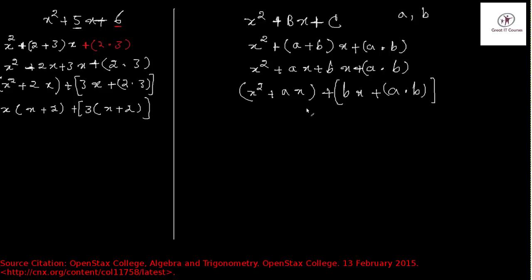And I can do the same thing over here: I can write x into x plus a plus b into x plus a. So now I have two terms, x into x plus 2 and 3 into x plus 2. And the greatest common factor here, as you see, is x plus 2. So I can take an x plus 2 out. I can write this as x plus 2 into x plus 3, as we did before.